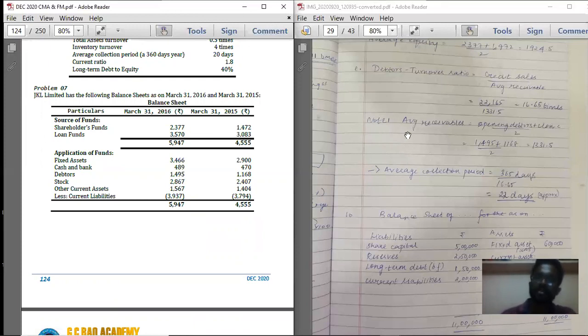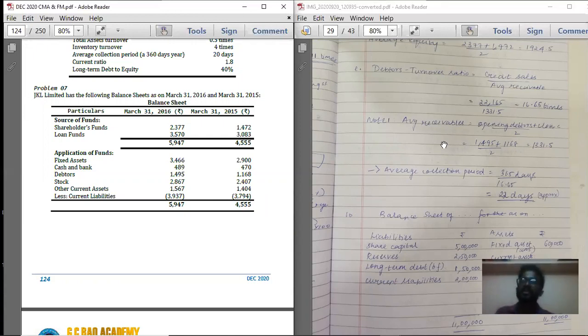Note number 1, average receivables is equal to opening debtors plus closing debtors divided by 2, which is 1168 plus 1495 divided by 2, which is equal to 1331.5. So this is average receivable, which means average of both the debtors.